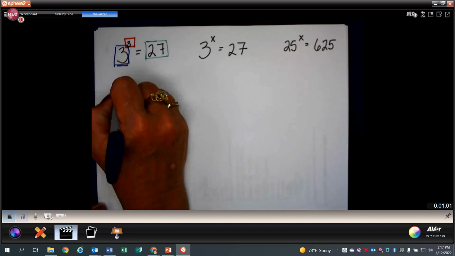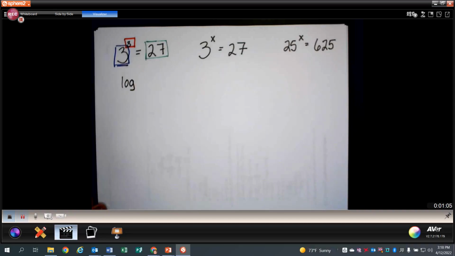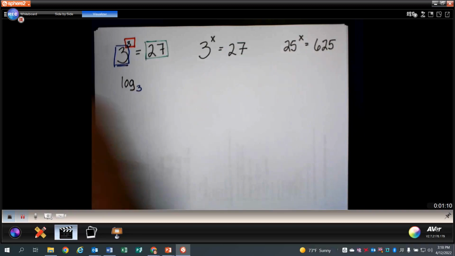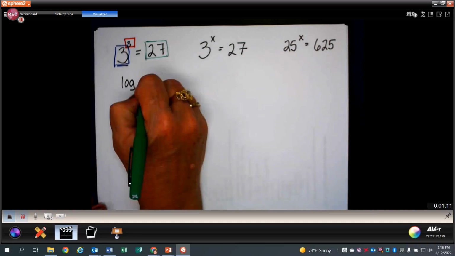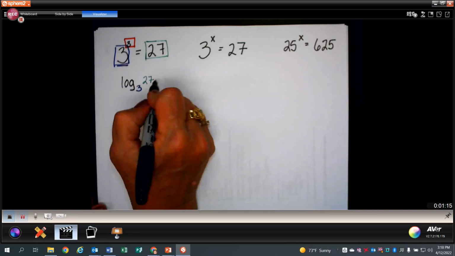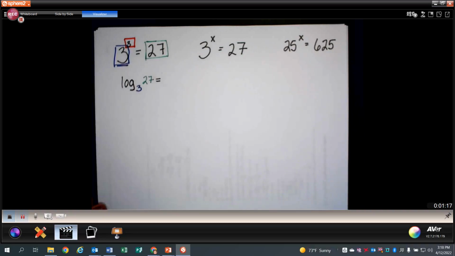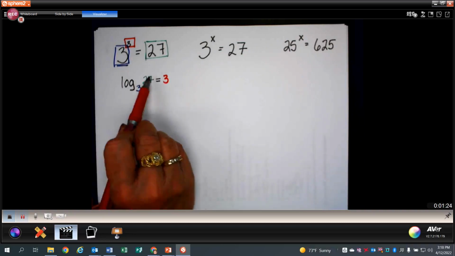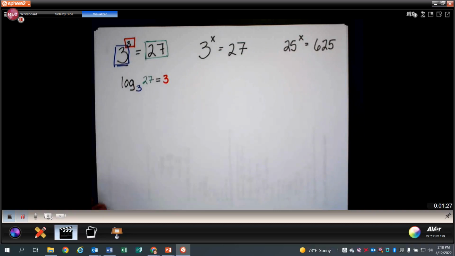A log base 3, then the argument is 27, and that equals the exponent, which is 3. So 3 raised to the power of 3 is equal to 27.